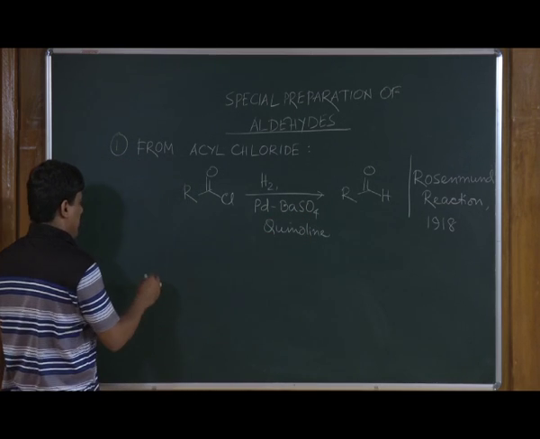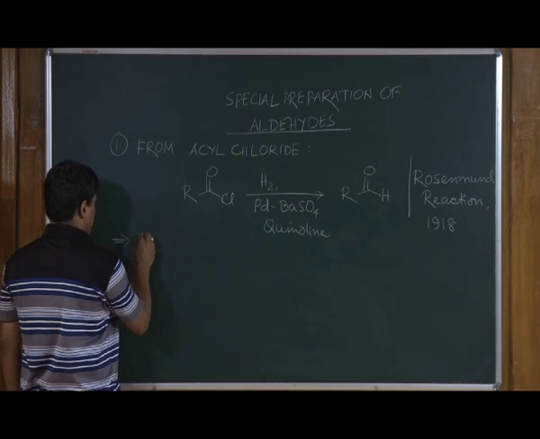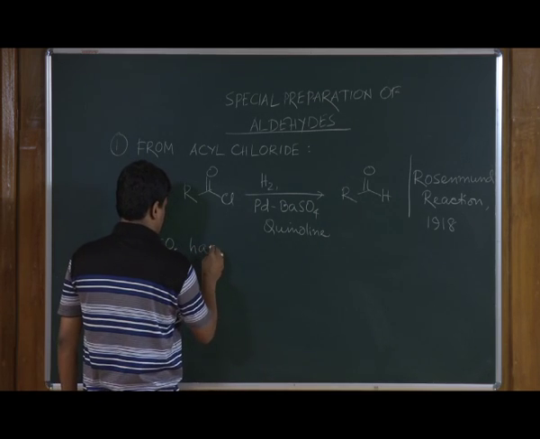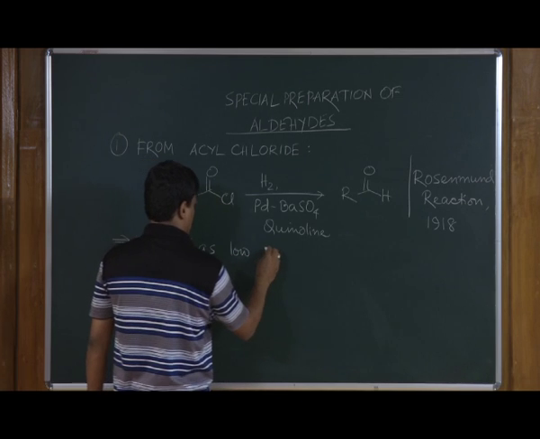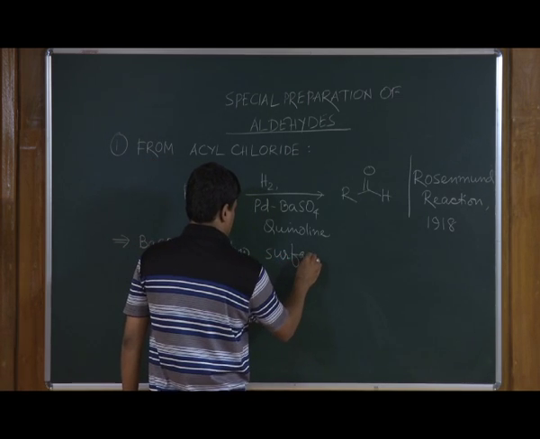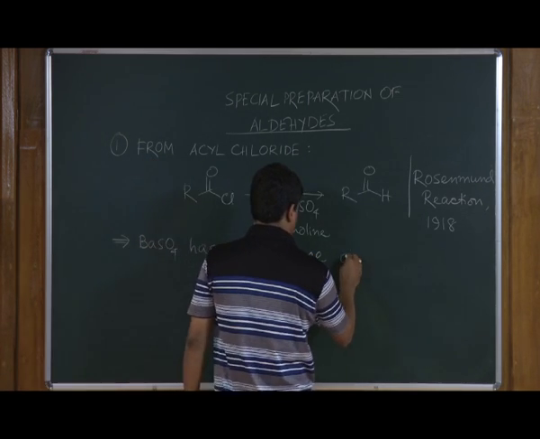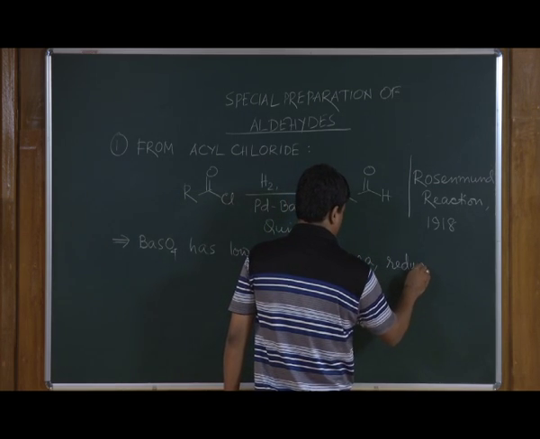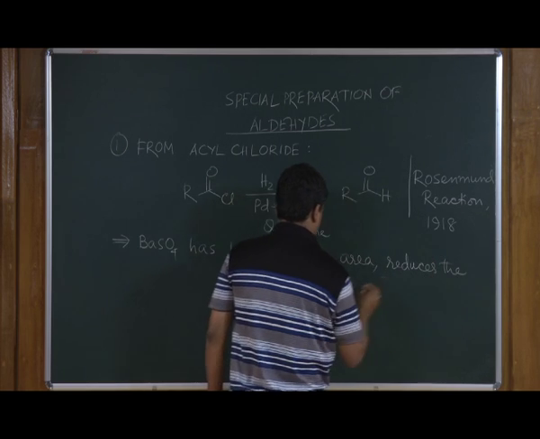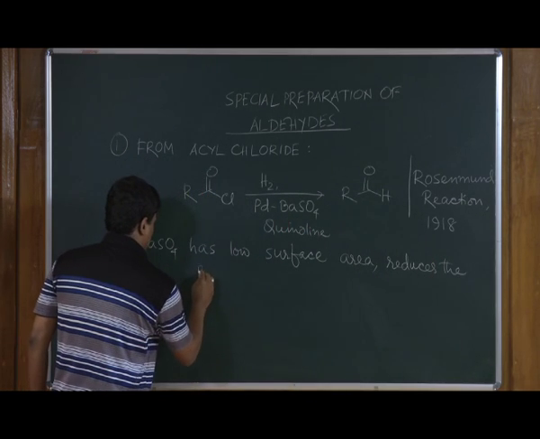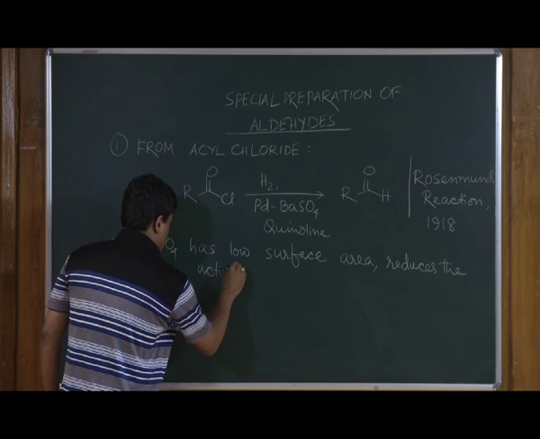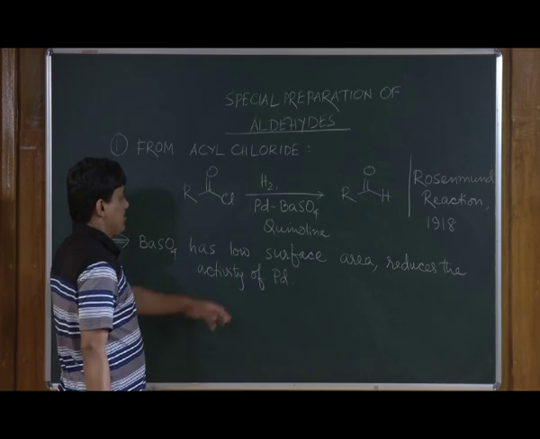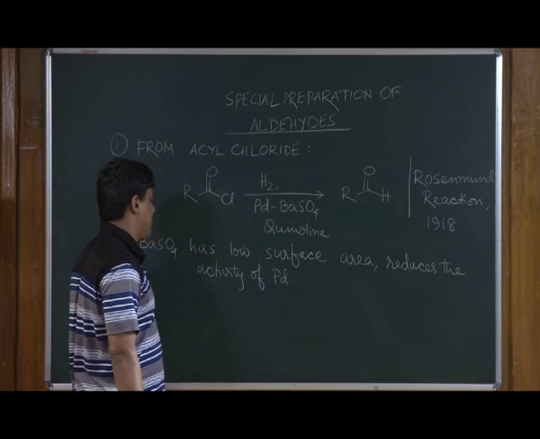Here barium sulphate is very important, because it has a low surface area, it reduces the activity of palladium.